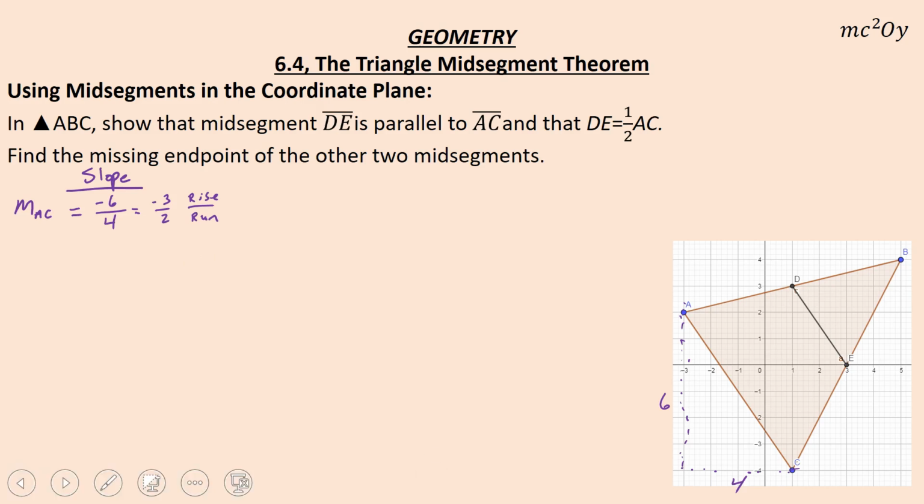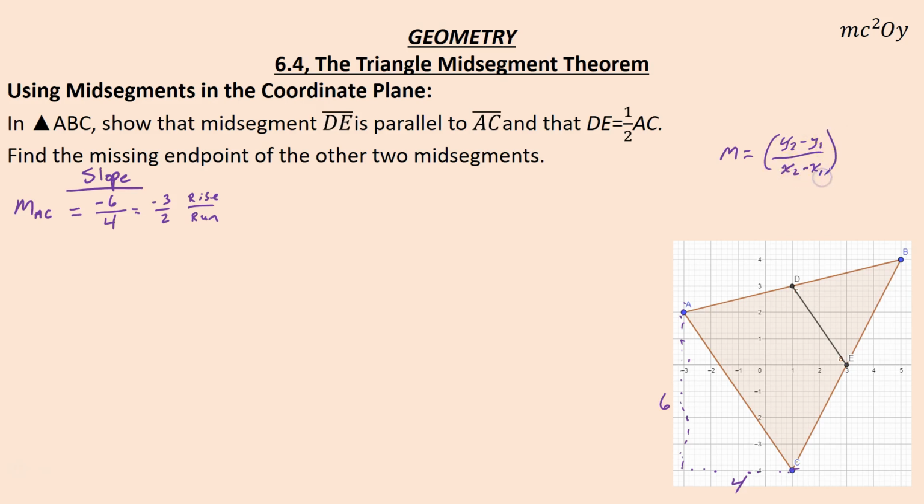Now if you're like, whoa, I'm not even given a picture, I really don't want to graph it, I'm just given points. Well, then remember you can always use the slope formula, which is y2 minus y1 over x2 minus x1.